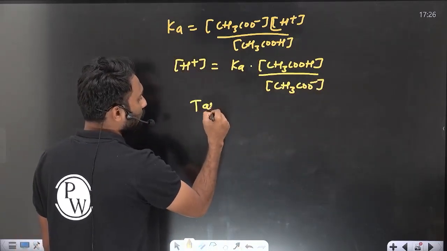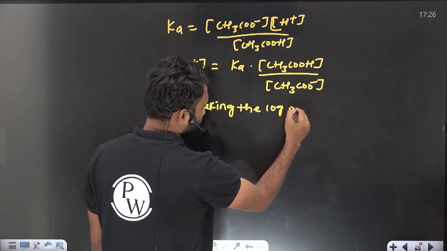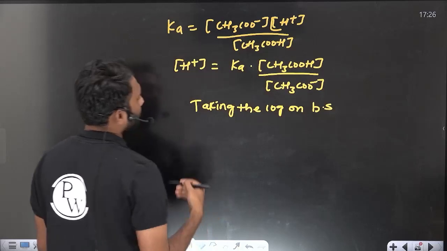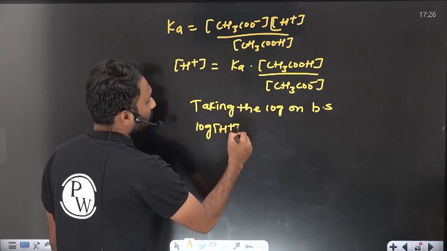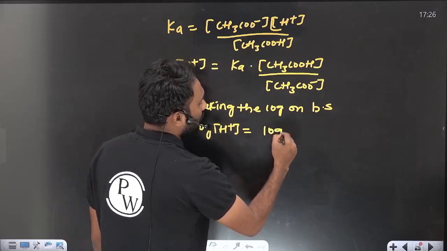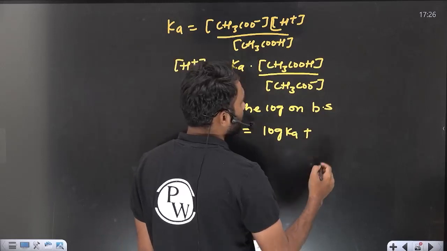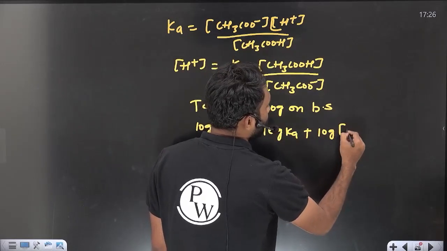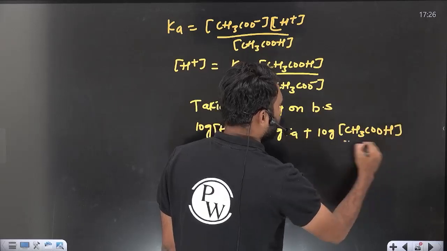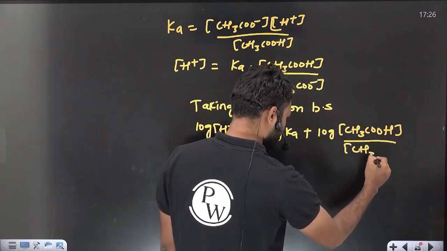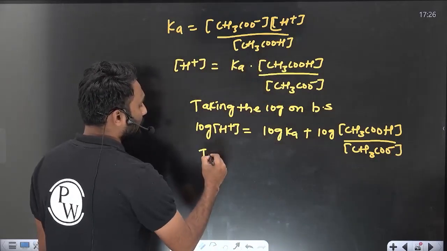Taking the log on both sides, what happens? Log H plus ion concentration is equal to log Ka plus log of acetic acid concentration by acetate ion concentration, since log of A into B is log A plus log B.